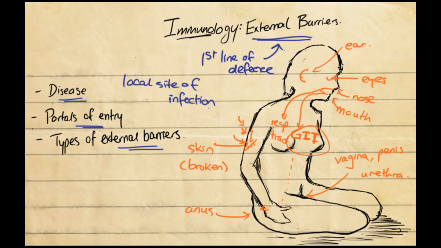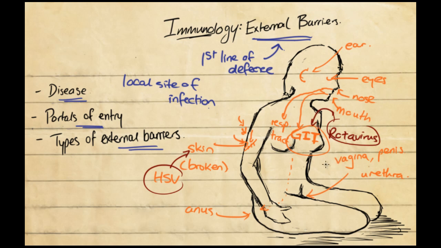Now, depending on the organism, different organisms like to enter the body in different ways. For example, the herpes simplex virus, HSV, likes entering via the skin. Whereas rotaviruses, which cause things like gastroenteritis, like entering via the gastrointestinal tract.